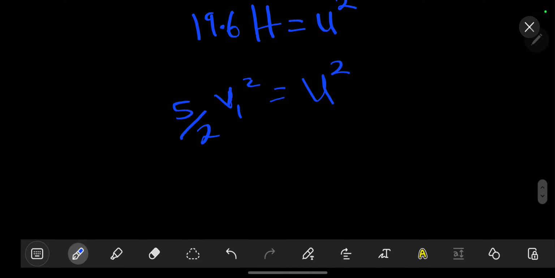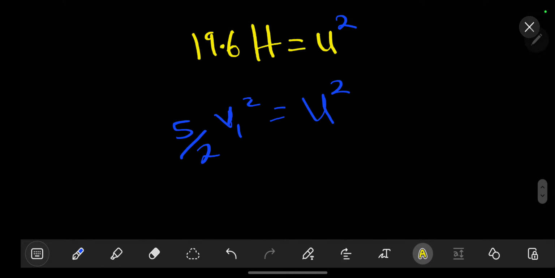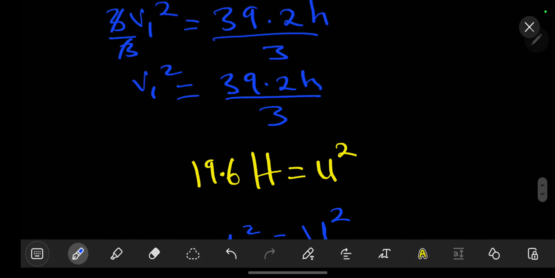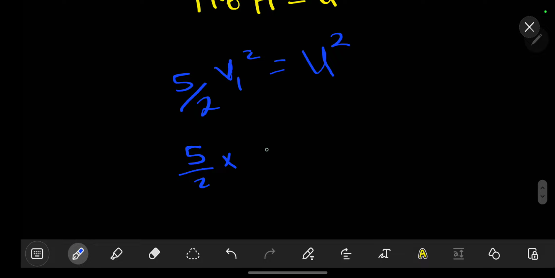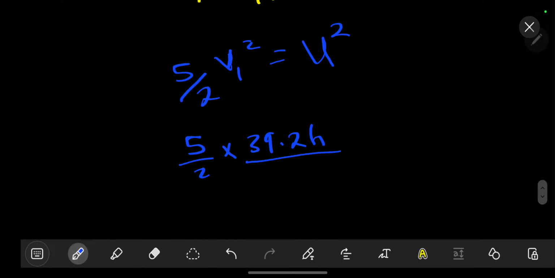Don't forget this equation. So we are going to end up with 5 over 2, where there is v1 squared, we put 39.2h over 3, which should be equal to our u squared. So where there is this, we have just put what our v1 squared is. According to this, this is what we have.